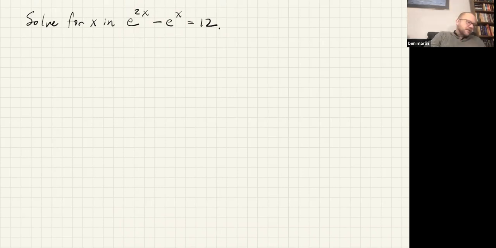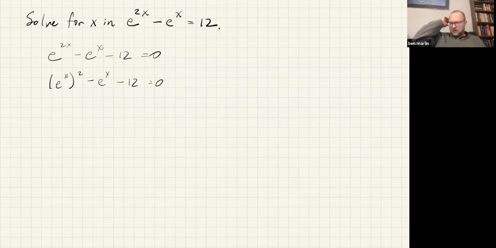So if I rewrite this as e to the 2x minus e to the x minus 12, that is in effect a quadratic equation, but with the variable being this weird e to the x in it.